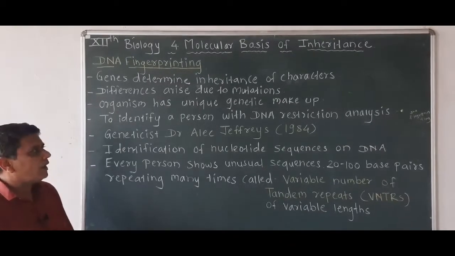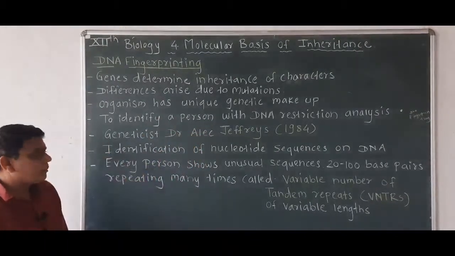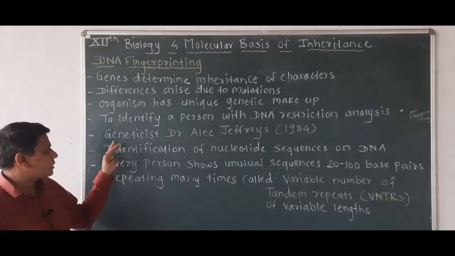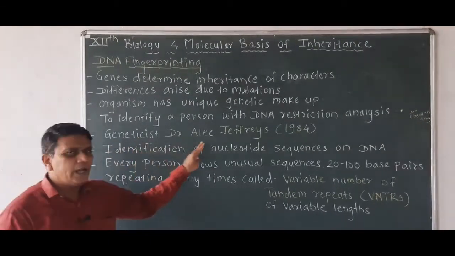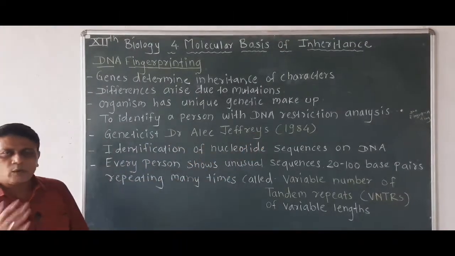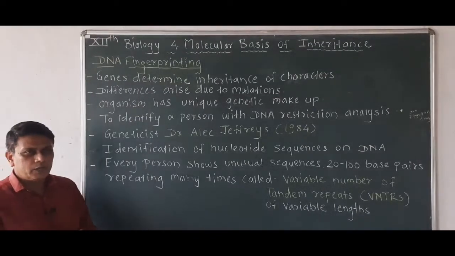Such technique is called DNA fingerprinting, and DNA fingerprinting was first developed by the geneticist called Alec Jeffreys in the year 1984. So he developed the technique of DNA fingerprinting.